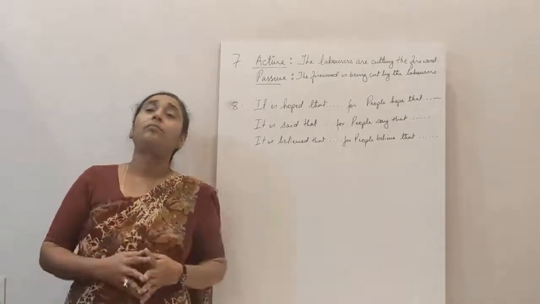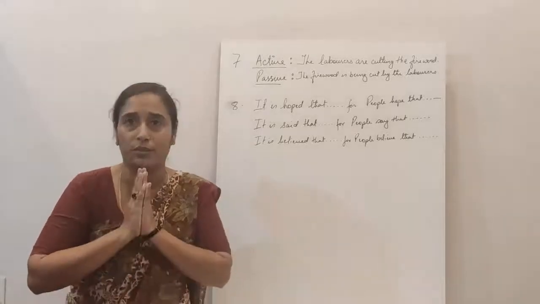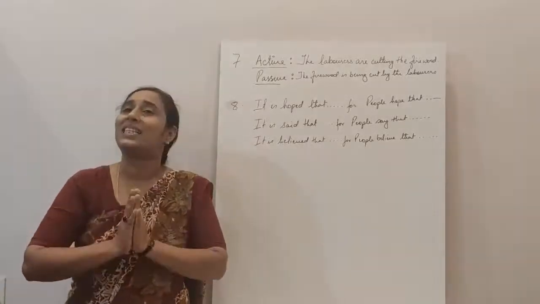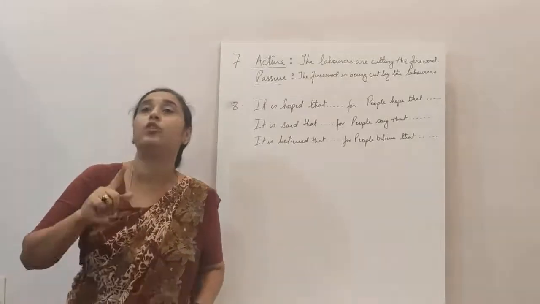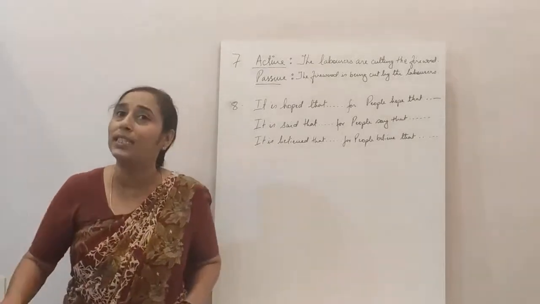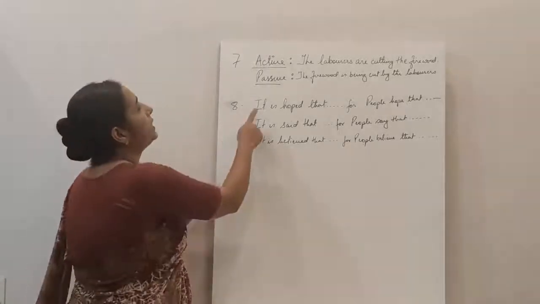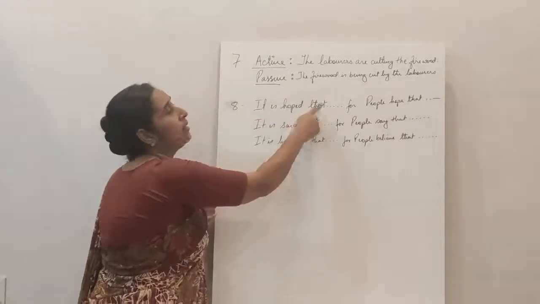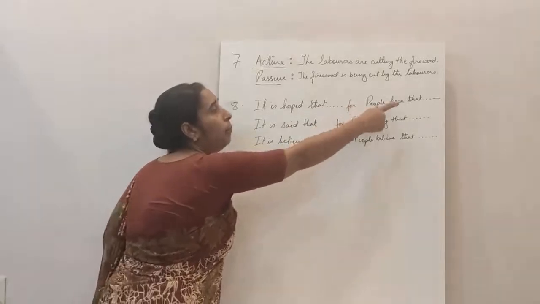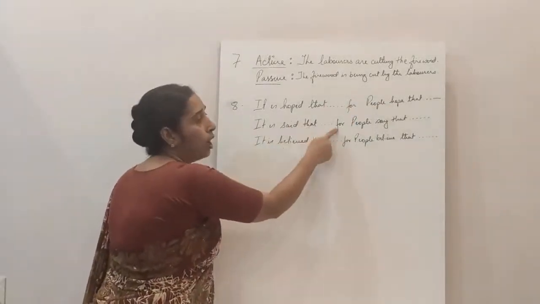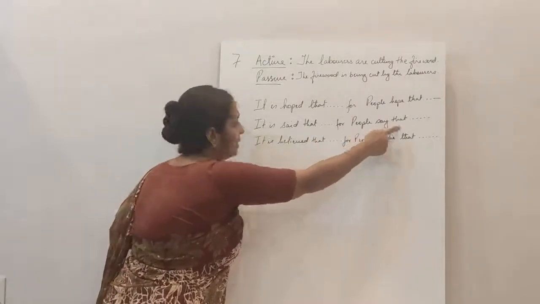Now, impersonal use. The passive voice offers a useful way of expressing something impersonal. That is, it is hoped that, for people hope that. It is said that, for people say that.